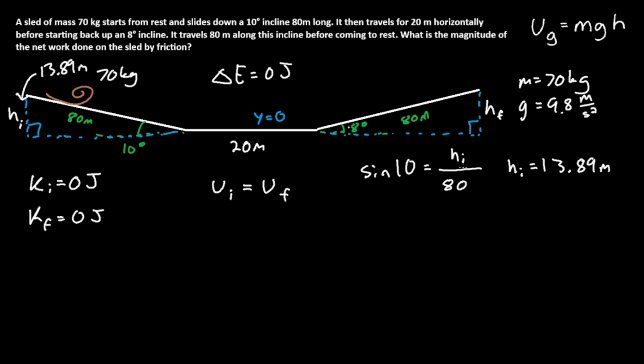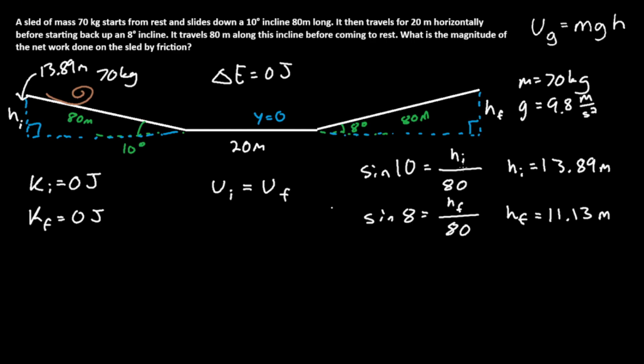Let's solve for the other height, the final height. So again, we're going to use sine. Sine of 8 degrees is equal to the opposite over the hypotenuse. The opposite side of 8 degrees is the final height, over the hypotenuse, 80 again. And if you solve for this, you would get a height of 11.13 meters.